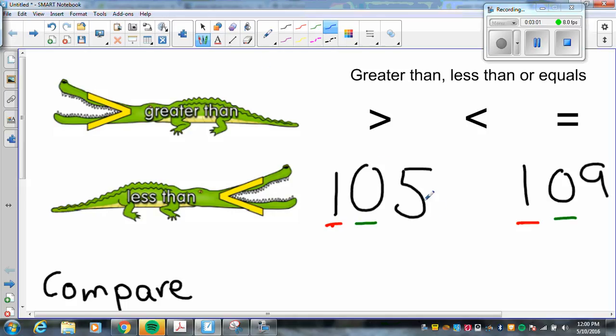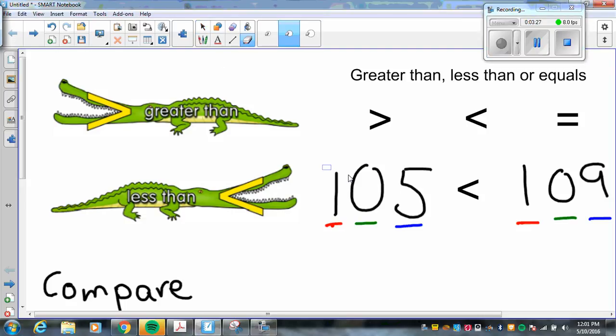So it means that I'm now going to have a look at the ones column. And seeing as this one's a 5, this one is a 9, and 5 is less than 9, I know that 105 is less than 109. And I now need to put my arrow there.